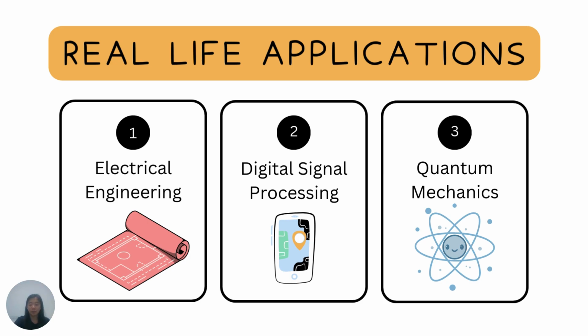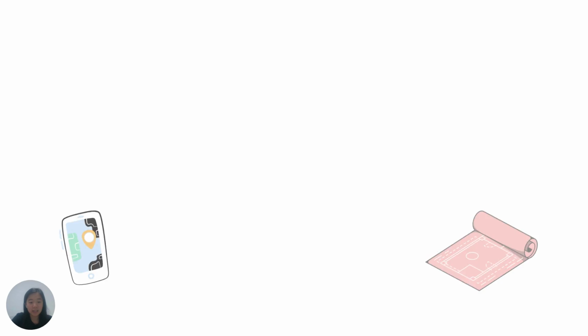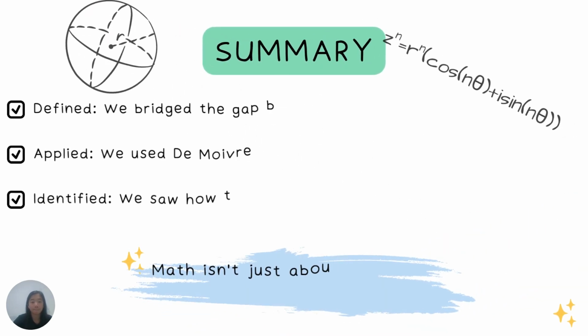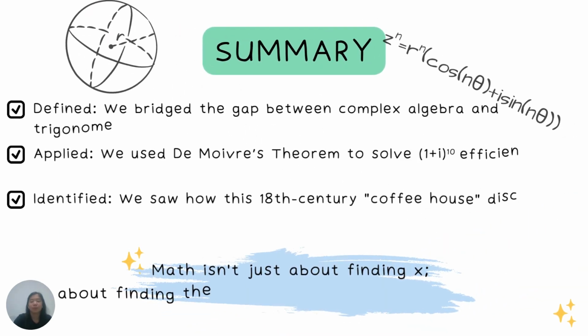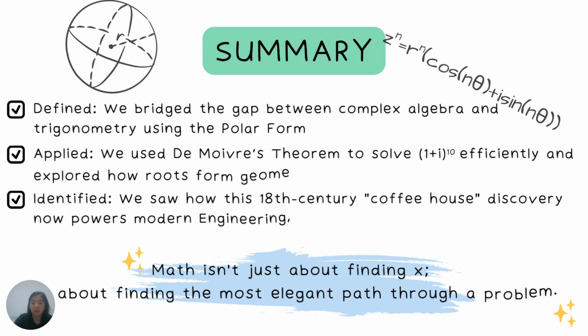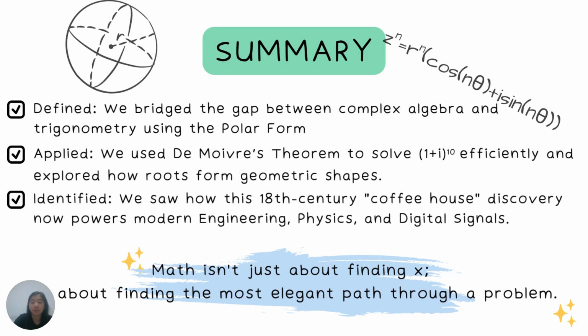And to wrap things up, let's look back at what we've covered in the last 10 minutes. We defined the theorem, moving from the standard rectangular view of a number to a polar view that let us rotate through the complex plane.